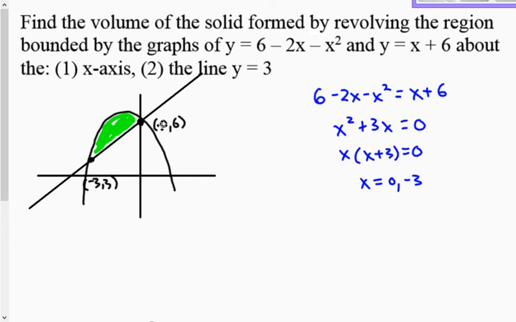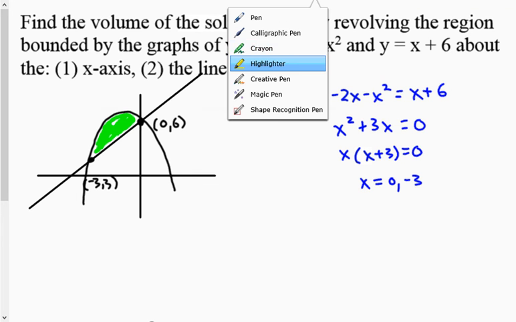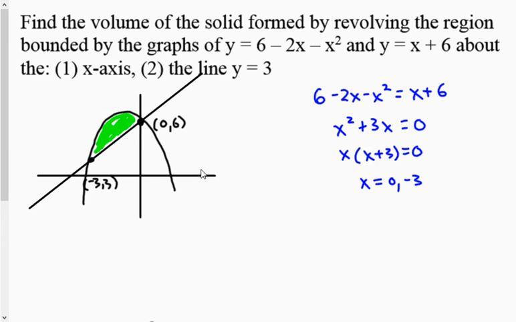Okay, so we're going to take this region and we're going to revolve it about the x-axis. So we're going to get something that comes over here and sort of matches up over here and then goes around like this, but it's going to be hollowed out in the middle. Now, the x-axis is a horizontal line, so we can keep it in terms of x.